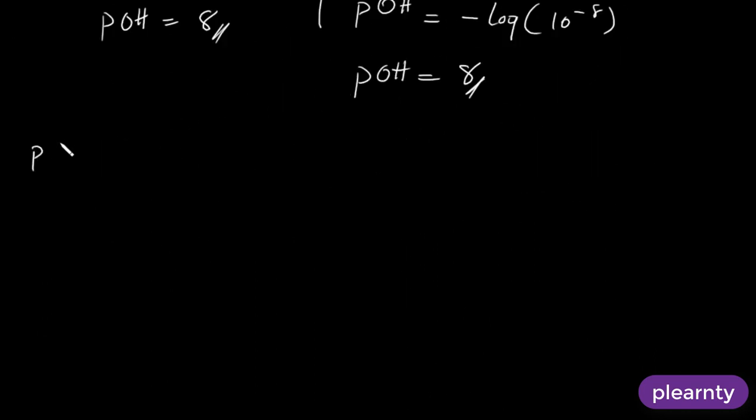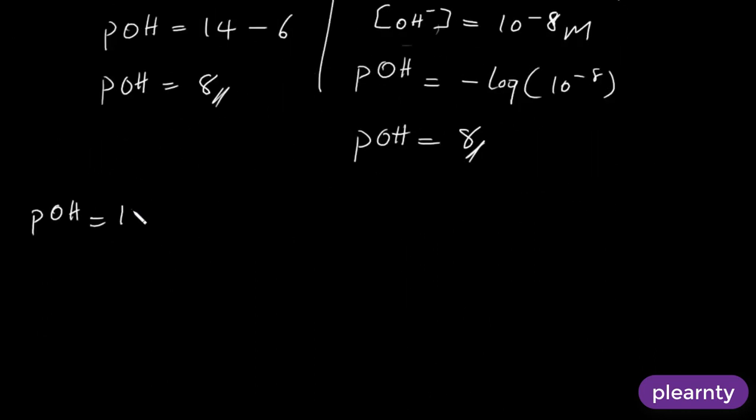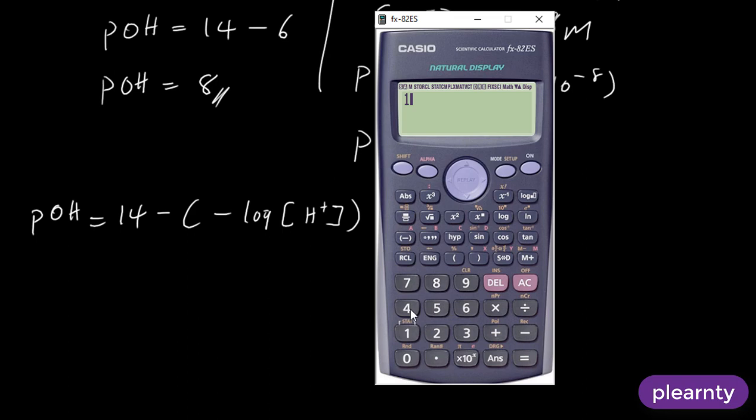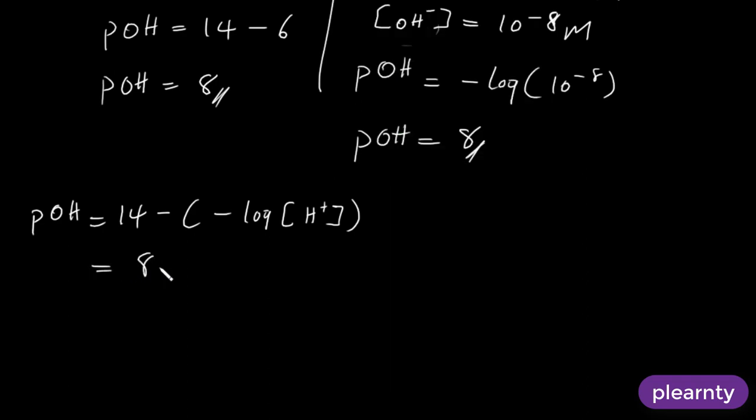On our calculator, we say 14 minus open bracket minus log of hydrogen ion concentration, which is 10 raised to power minus 6, close bracket, close bracket. This first bracket is for this, the second one is for this, and it is equal to 8. We have our answer directly, so it's equal to 8.